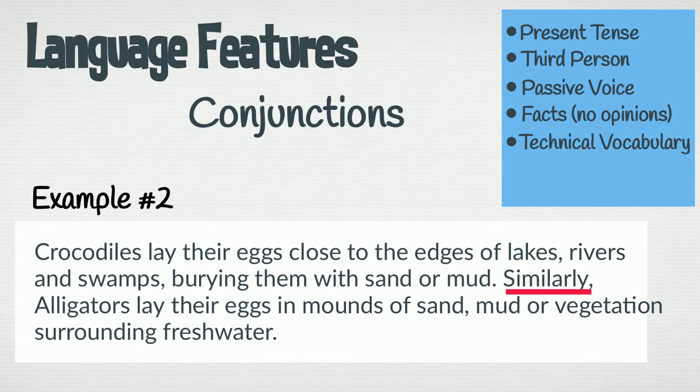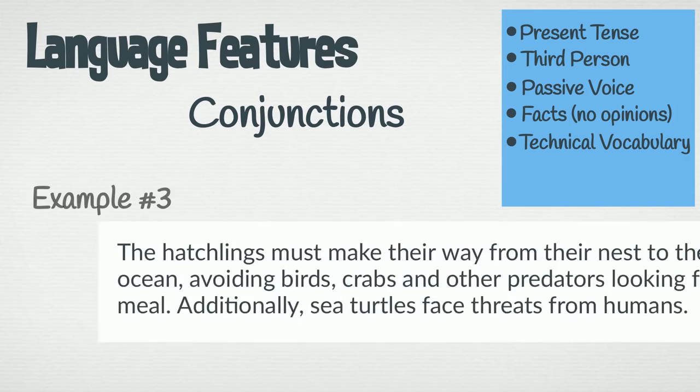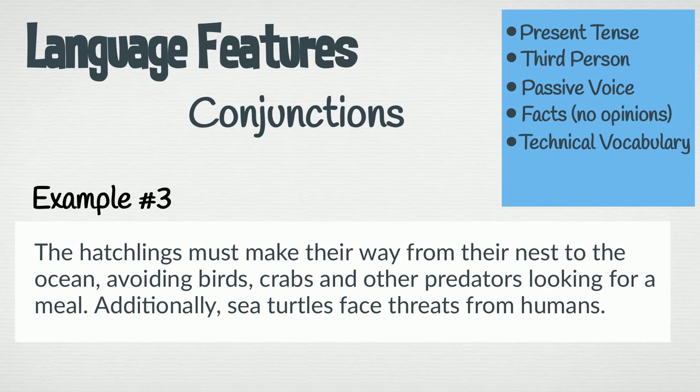The word "similarly" links by comparing where crocodiles and alligators lay their eggs. Here's the third example. The conjunction "additionally" has been used. The word "additionally" adds more information to the topic. In this case, it adds humans to the list of threats turtles face.